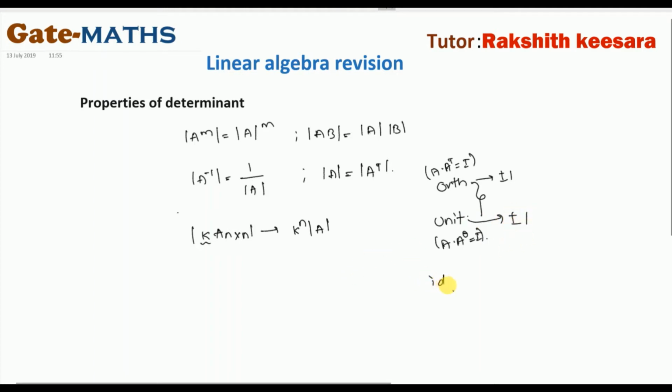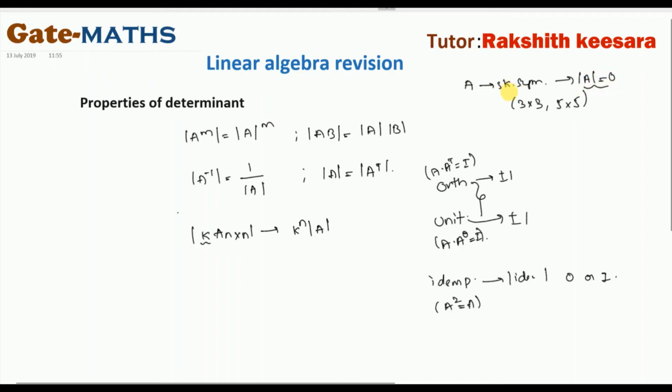And coming to idempotent matrix, which is A square equal to A, the det of an idempotent matrix will be either 0 or 1. And if A is a skew-symmetric matrix of odd order, I mean 3 cross 3 or 5 cross 5 like this, then its det will be 0.